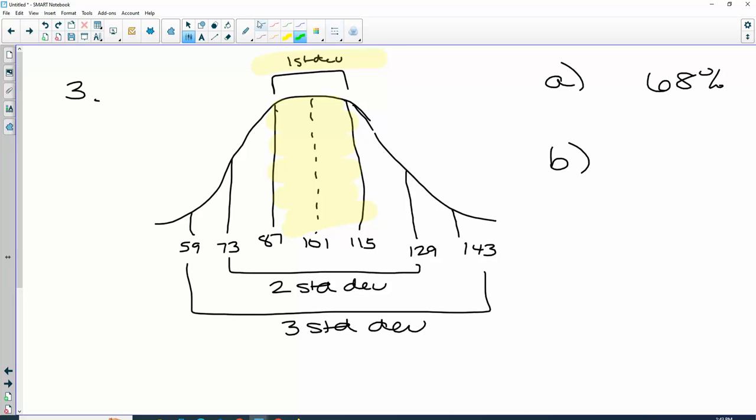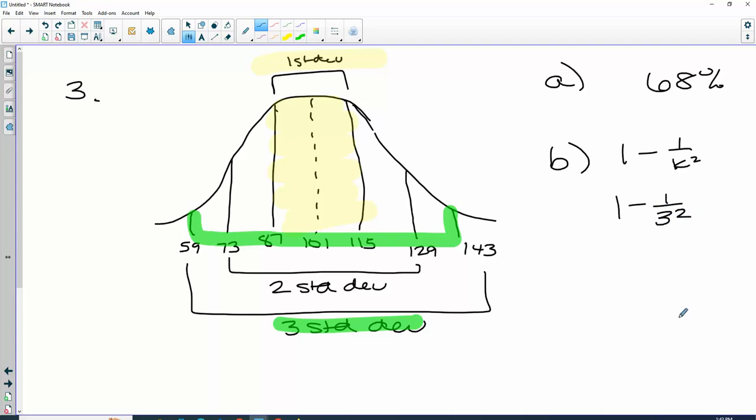So now we're doing Chebyshev's, which is 1 minus 1 over k squared. We are between 59 and 143. So that is my 3 standard deviations. So that's the k. So it's 1 minus 1 over 3 squared.